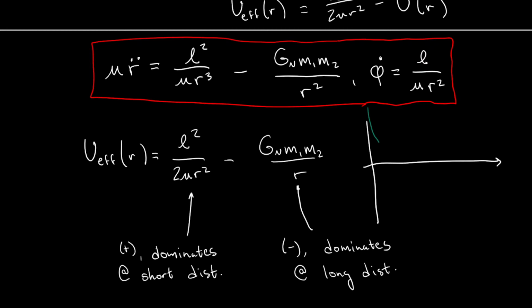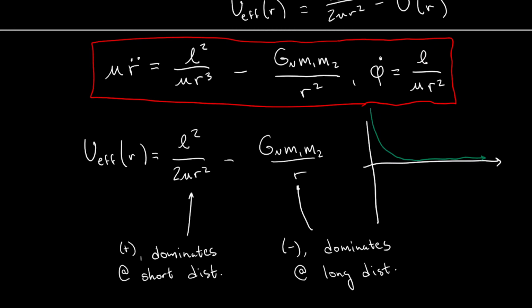It's very large near x or r equals 0, but then let's see if I can draw this even more exaggerated. And then it's going to fall off quite quickly for large r. It's going to asymptote to r equals 0.